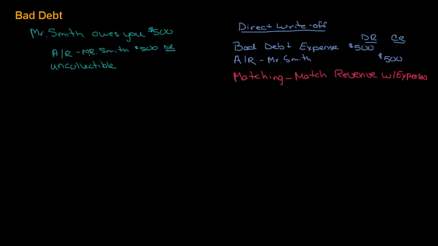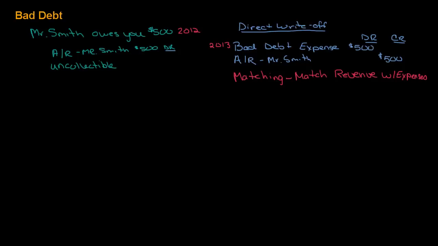So what happens if this transaction with Mr. Smith happened in 2012 and we make this journal entry in 2013? Well, that would violate the matching principle because we had the revenue in 2012 and the expense in 2013. So we're not matching revenue with expenses.